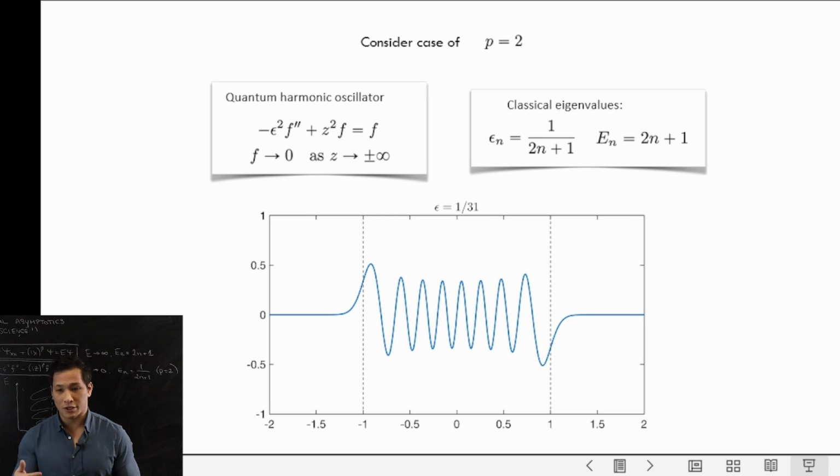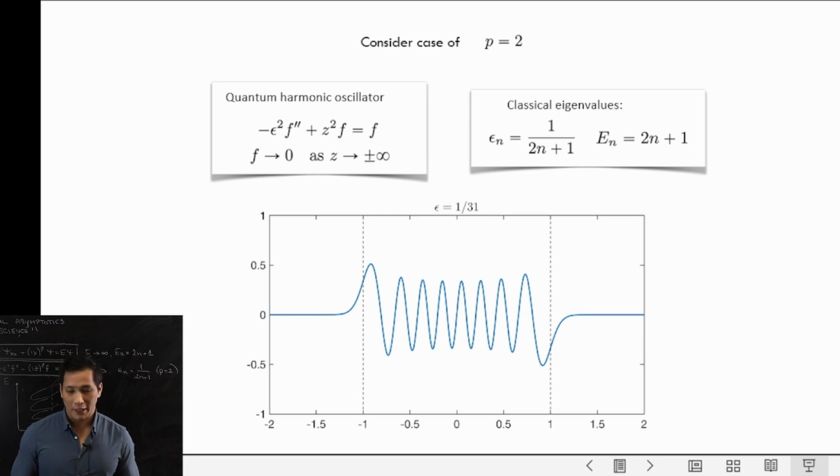So let's try to predict the asymptotics of this. In that graph, if you can make it out on the screen, you'll see that underlying the blue curve is this dashed black curve, which is the asymptotic approximation in the limit that epsilon tends to 0. So at 1 over 31, you see it looks very good indeed.